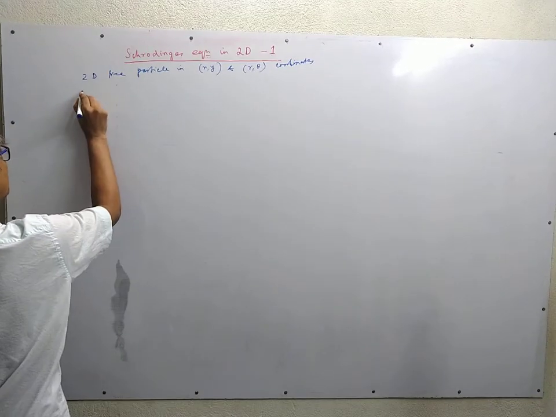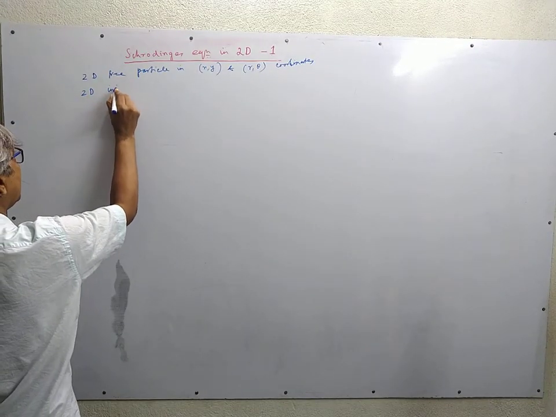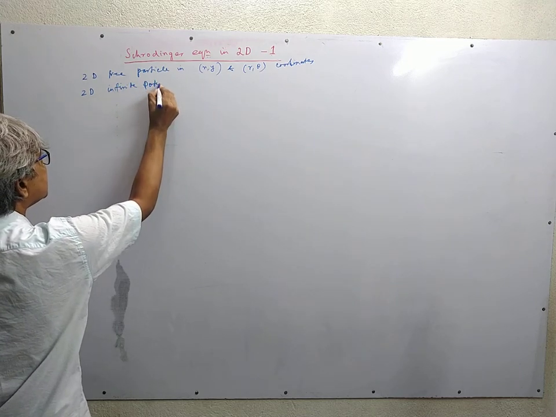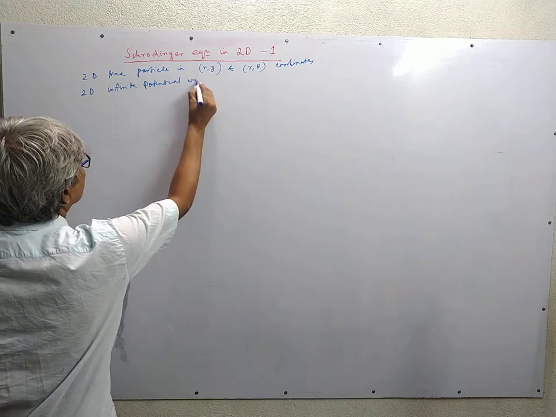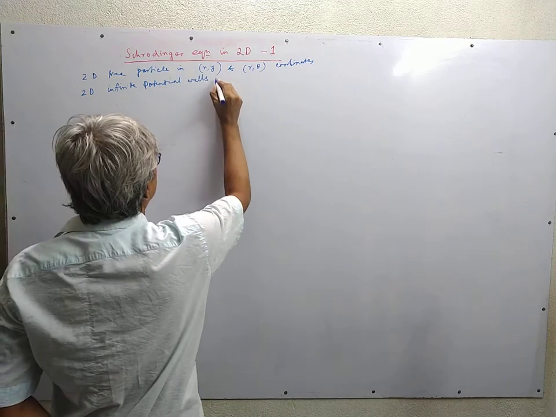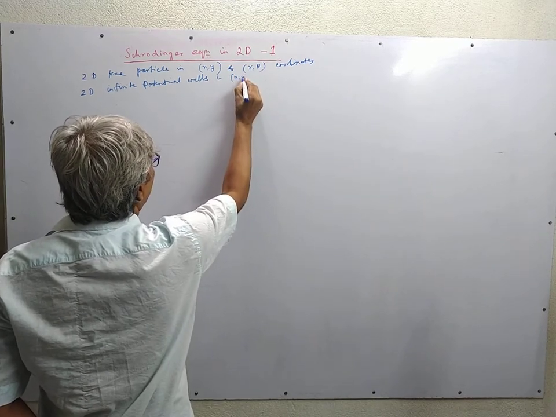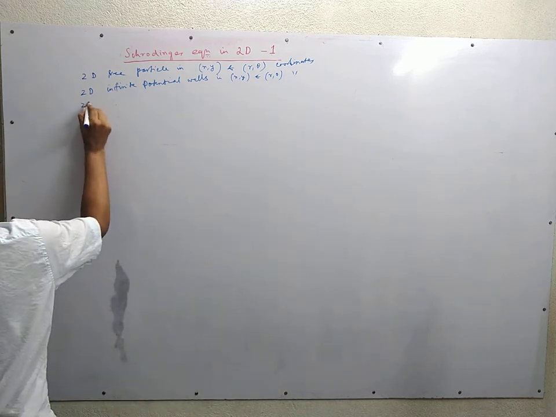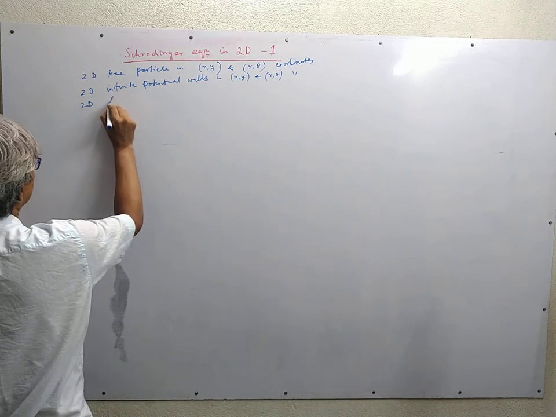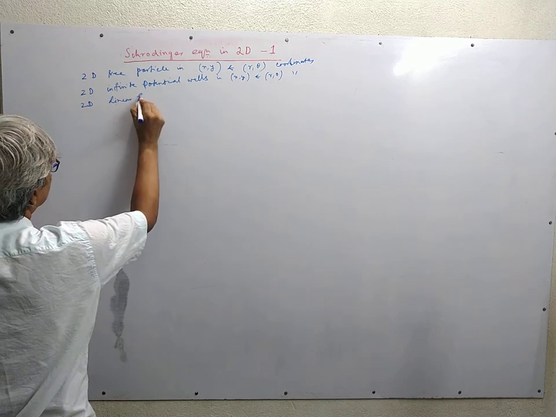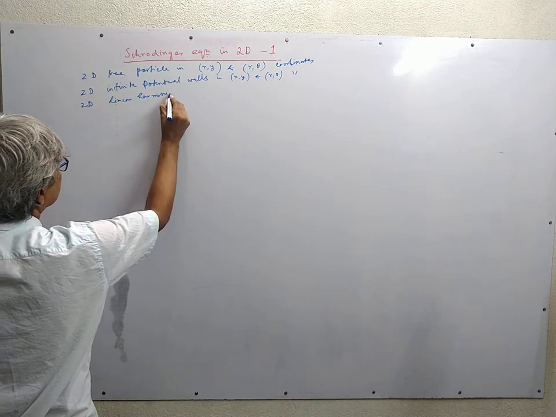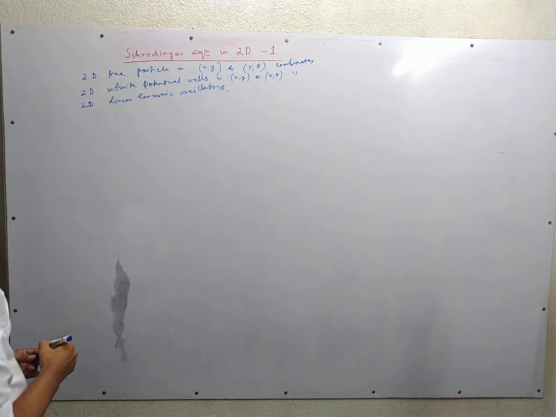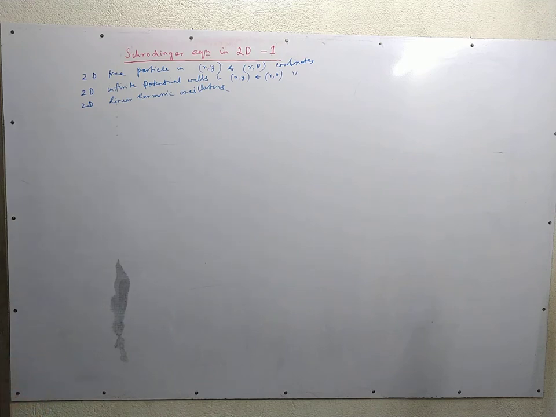Then we shall study 2D infinite potential wells as in these two coordinate systems, in x, y and r theta coordinates, and finally we shall solve 2D harmonic oscillator. These are the five problems that we shall consider under this heading.